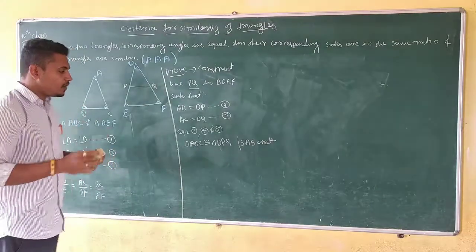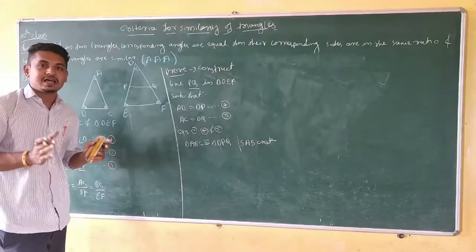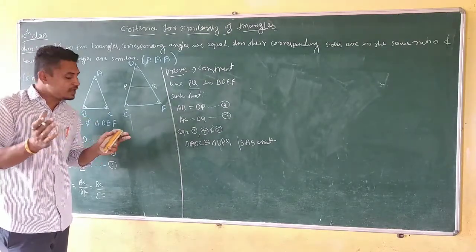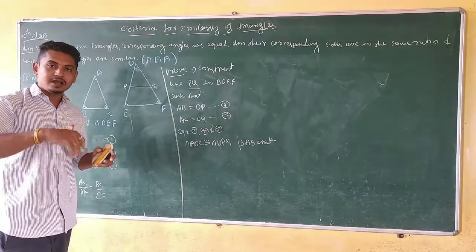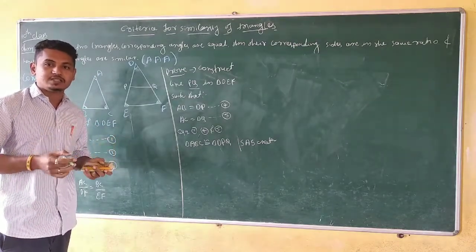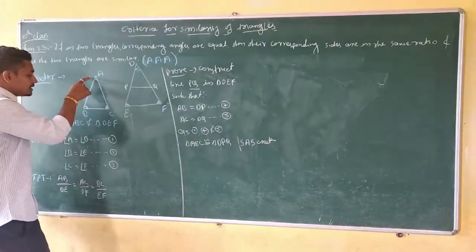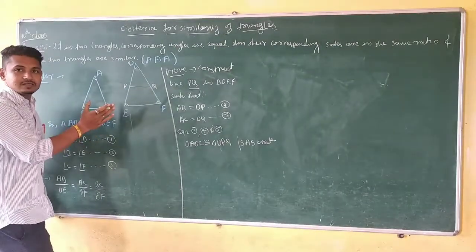So we can say that triangle ABC and triangle DPQ are congruent to each other. Is it right? When two triangles are congruent, all their corresponding angles are equal to each other and all their corresponding sides are equal to each other.